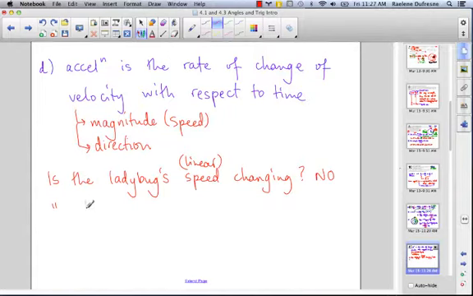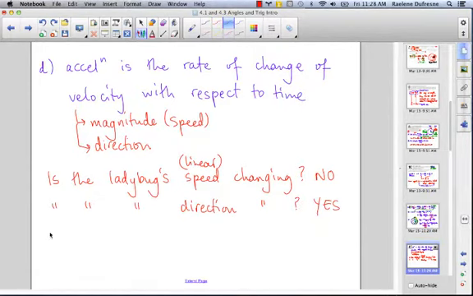What about her direction? Is the ladybug's direction changing? In this case, the answer is yes. She is constantly changing direction. Because she is constantly changing direction, she will have acceleration that is responsible for changing direction.